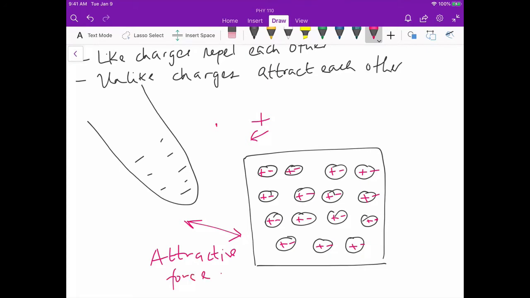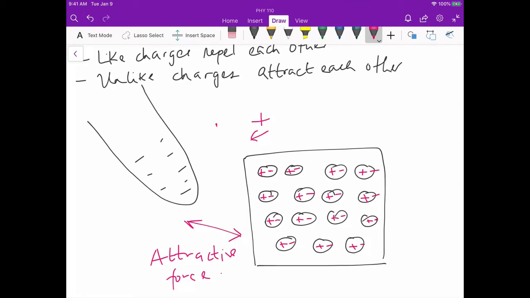Okay, so that's what Benjamin Franklin eventually investigated, why those things are happening, and he found out that in every material there are positive and negative charges, and sometimes when you rub one object against the other, some of the charged particles can jump from one to another, making one either positively or negatively charged.